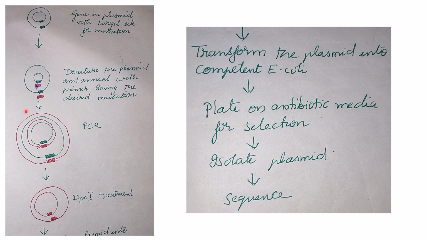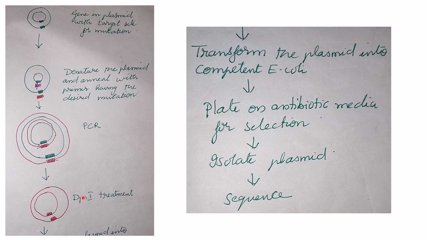So here you are doing PCR, you don't add any methylase there to methylate specific DNA sequences. So whatever parent or template plasmid DNA is present will be methylated, whereas the amplified product will not be methylated.